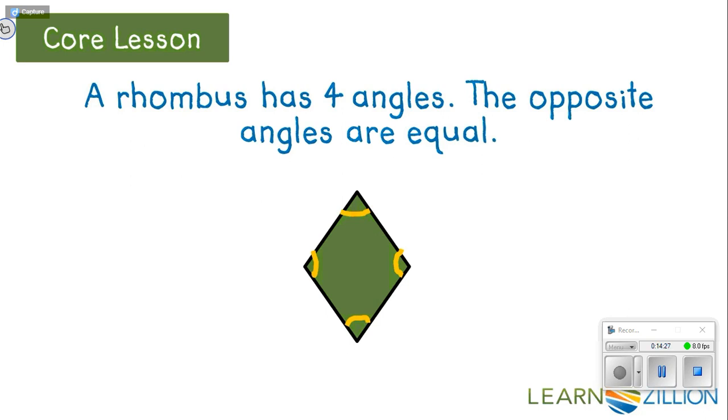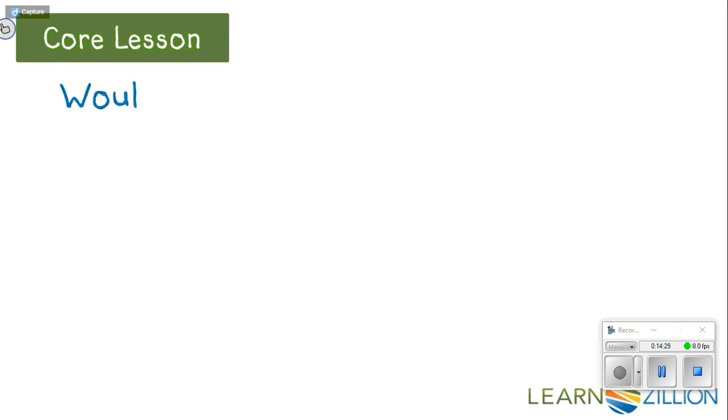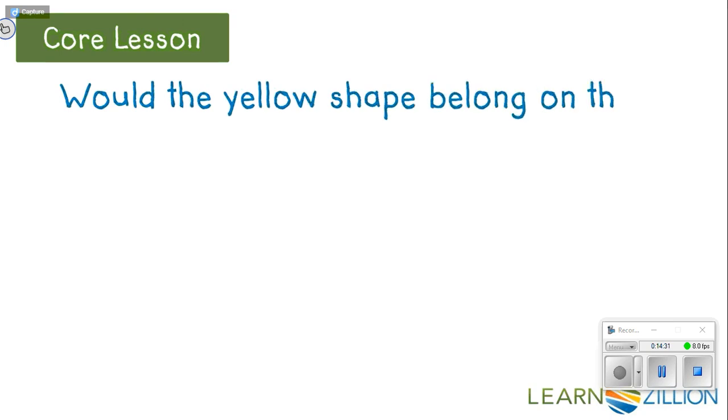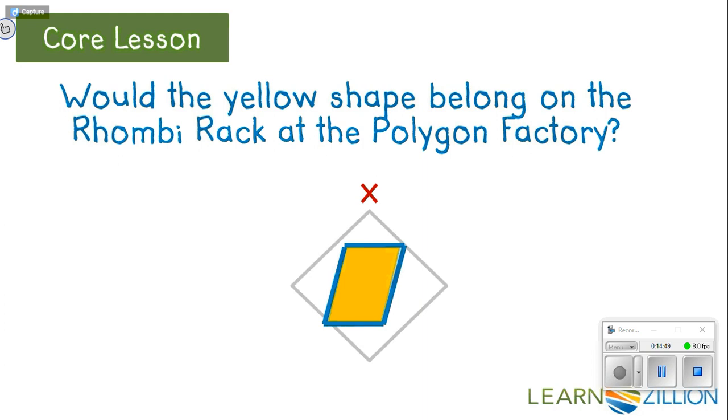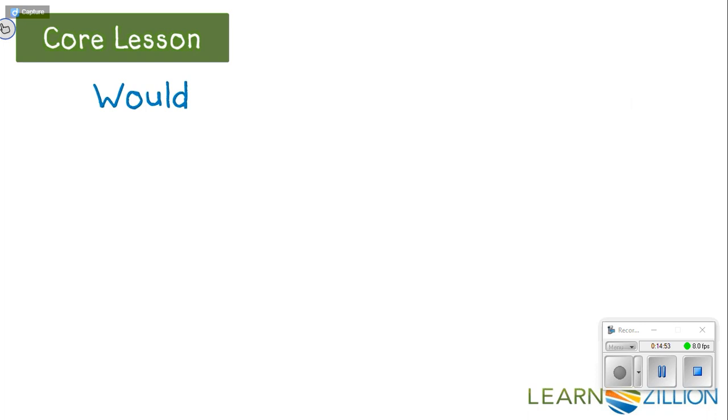Let's examine some shapes using these 3 attributes. Would the yellow shape belong on the rhombi rack at the polygon factory? Let's examine this shape. What was our first attribute? Do we have 4 congruent sides? We can see that we do not. This shape does not belong. The light-colored rhombus in the background confirms our thinking.